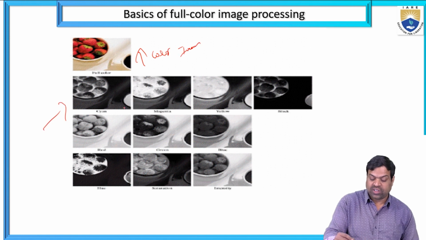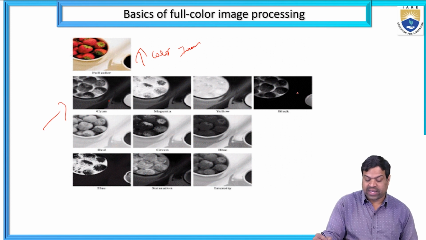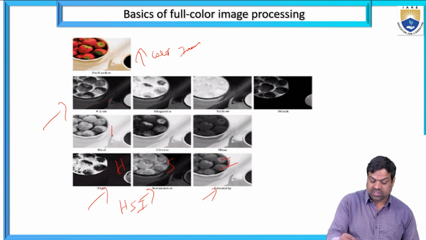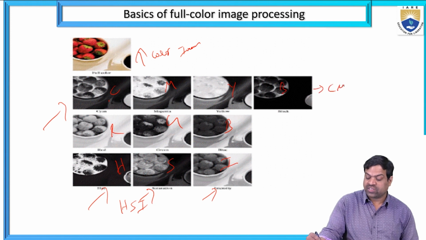We are dividing it into cyan, magenta, yellow, black, and red, green, blue, and hue, saturation, and intensity. So it is about HSI, hue, saturation and intensity, RGB, red, green, blue, and CMYK, cyan, magenta, yellow, black.